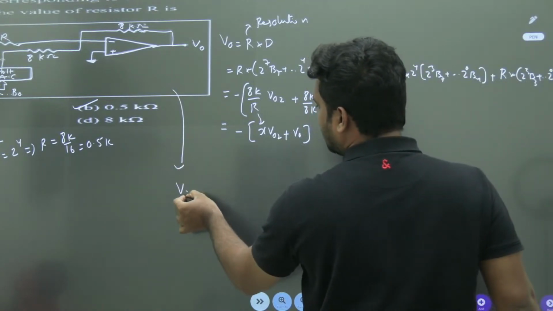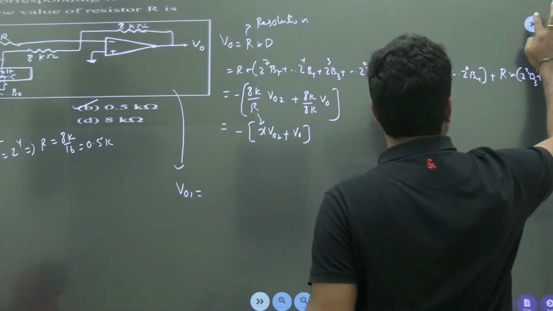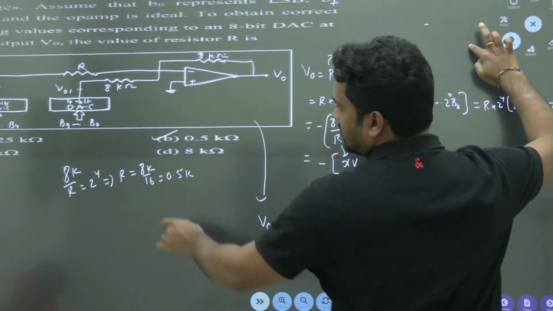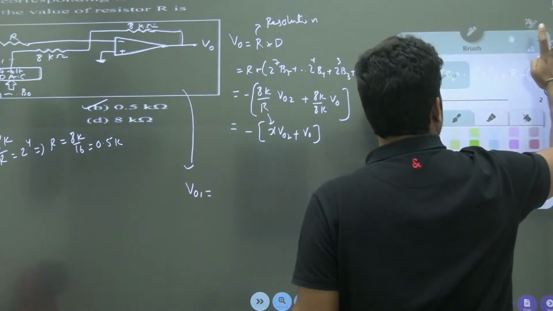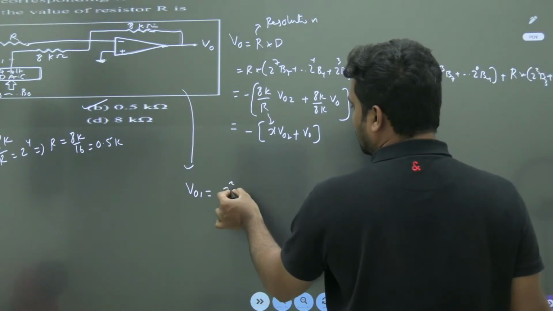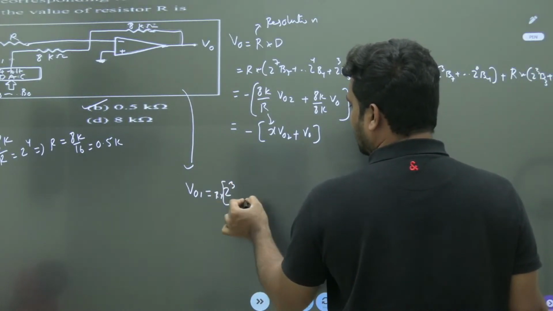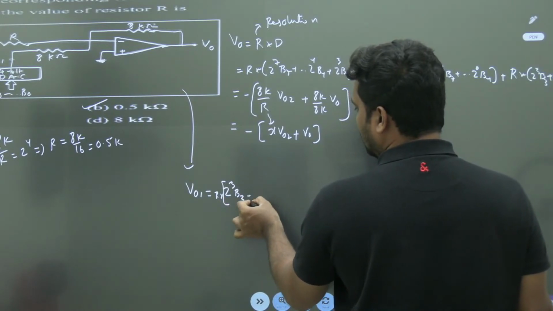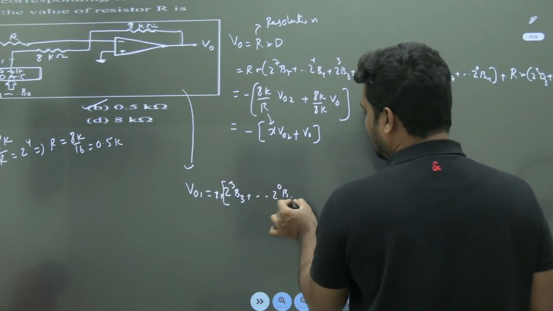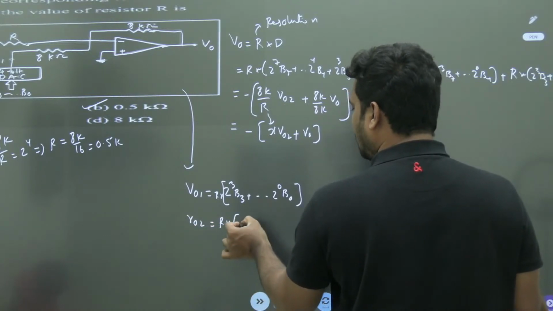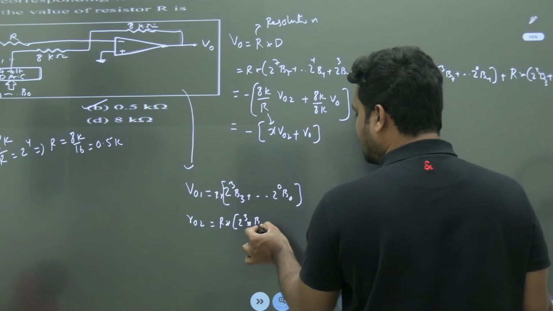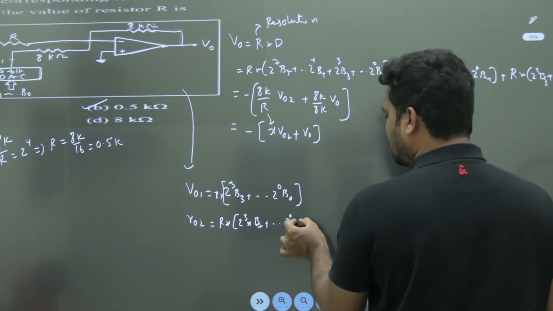Firstly, for the 4-bit DAC, what is V01? What is the V01 of the first 4-bit DAC? V01 is resolution into decimal equivalent, 2 power 3 B3 to 2 to the power of 0 B0, into V0. Right. What about V02? It is the same, resolution into 2 to the power of 3 B7 to 2 to the power of 0 B4.